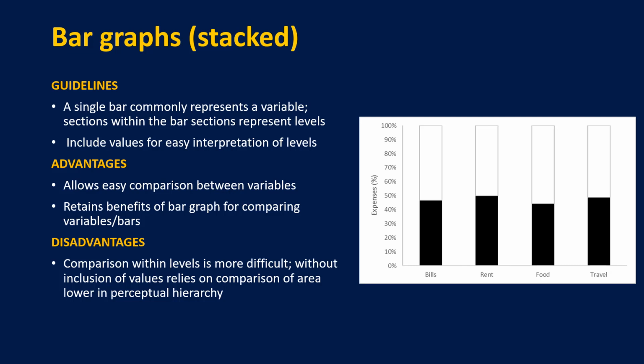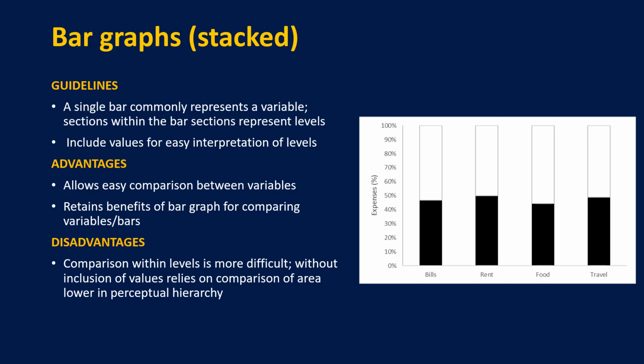In this example, you've got the expenses, and it's the percentage of the overall expenses within 2 months. So you've got January, which is in black, and February, which is in grey. So for the reader, it's quite simple. If they know that January was black and February was white, it's quite easy to see that, for example, in terms of food, more money was spent on food in February than in January, because you can see that area is bigger.